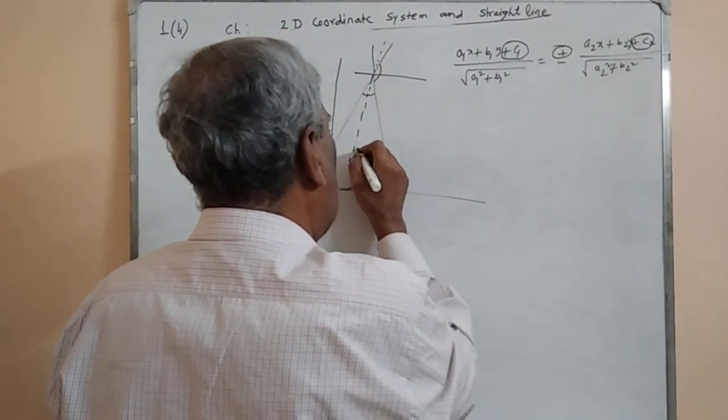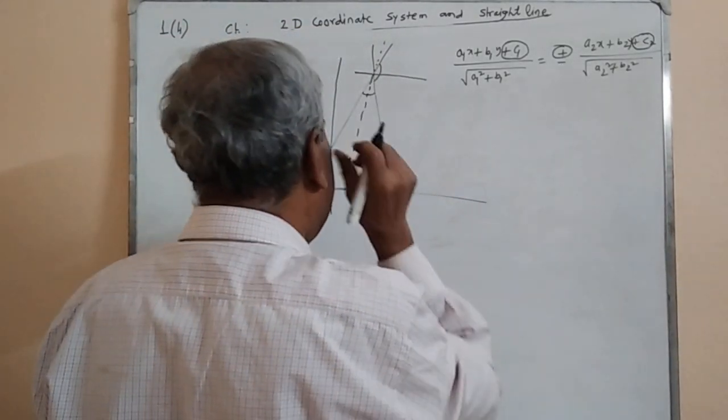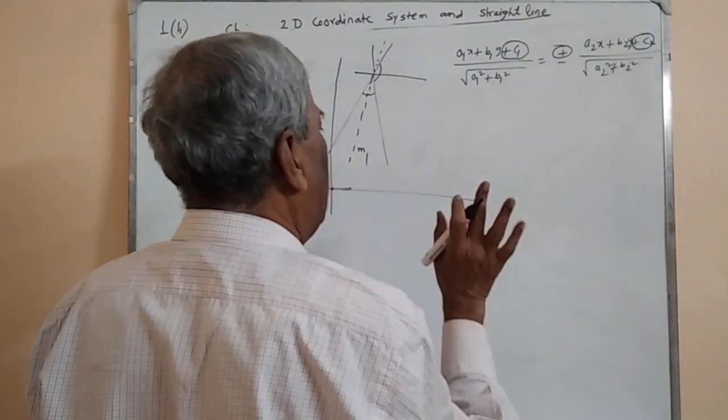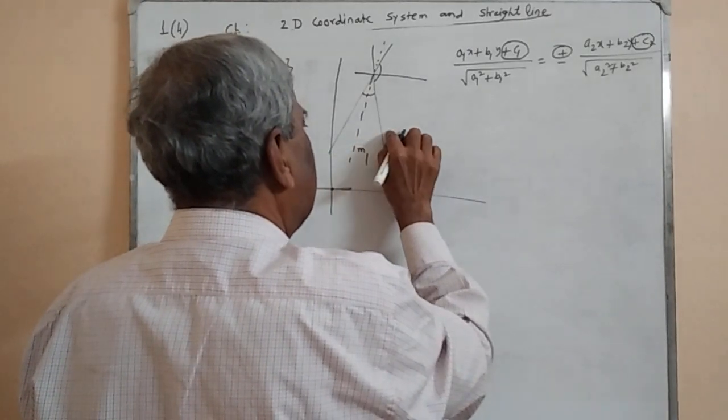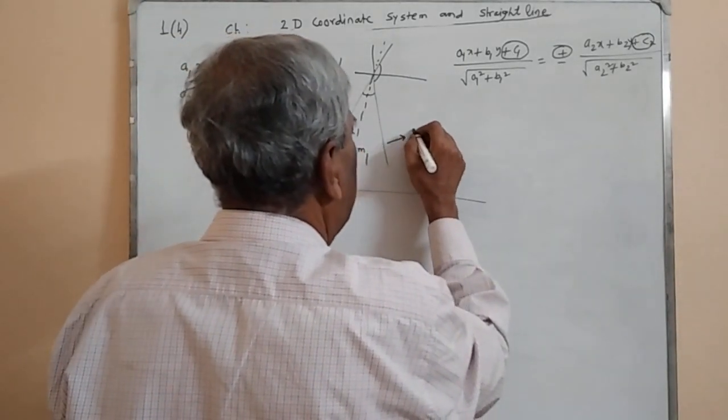Let it be m1. Then calculate the gradient of any one of the given straight lines, either this or that. Suppose its gradient is m2.